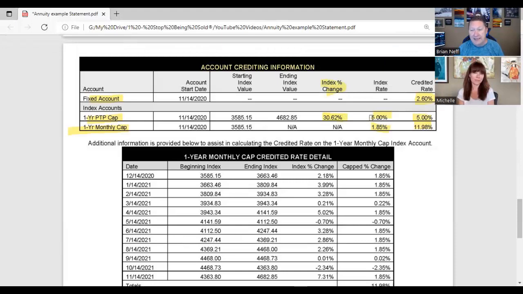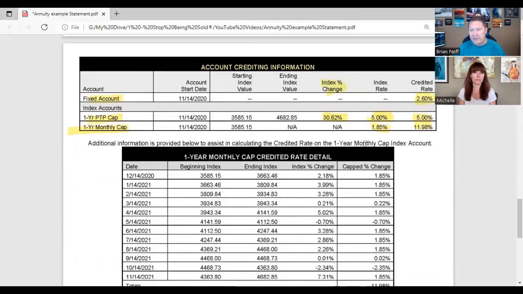What did you get? Your cap. There's the trade-off for an indexed annuity. This is a perfect example. Look, you have none of the downside risk, but you give up some of the upside. How much did this client give up on that?